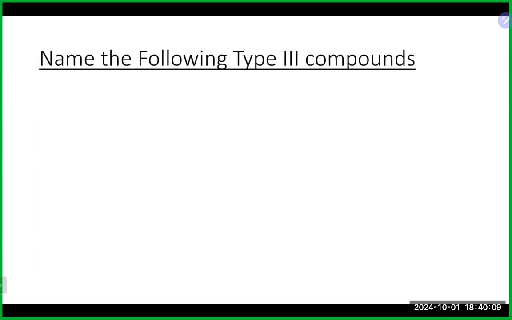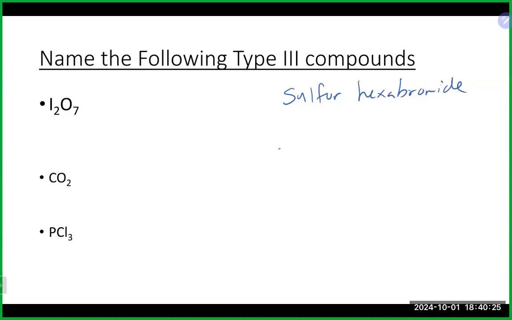All right, so let's try some here. And why don't you also give the formula for, let's do sulfur hexabromide. Let's do dioxygen, and make something up that maybe doesn't exist. So let's go to dioxygen pentasulfide.